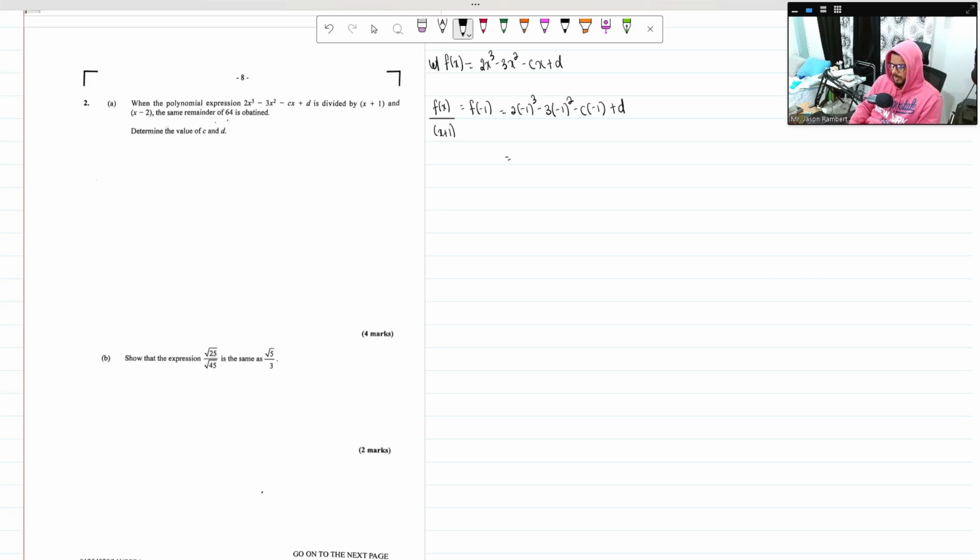Minus 1 cubed is minus 1. So I get minus 2 minus 3 plus c plus d, and this is equal to 64.